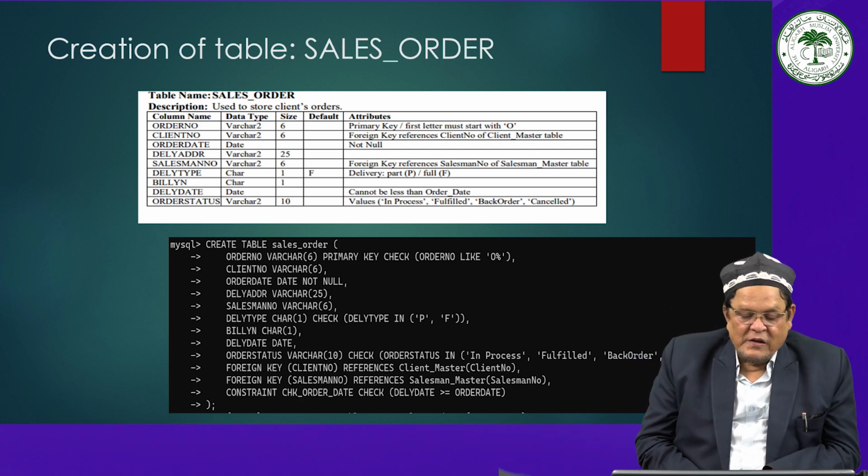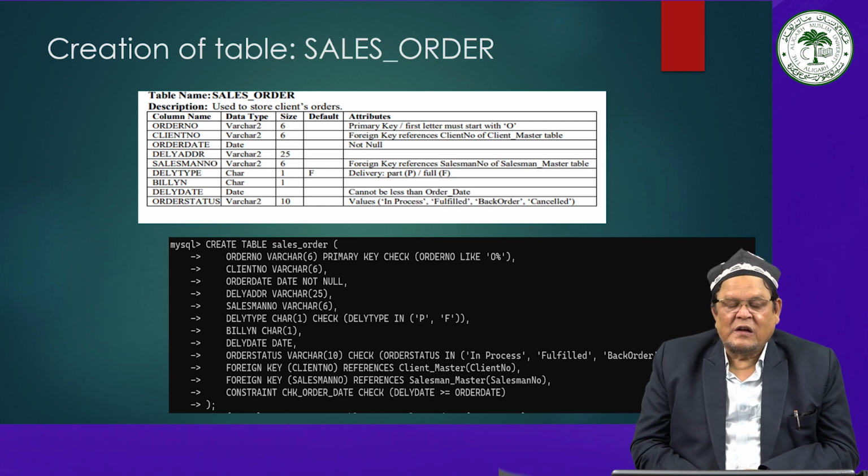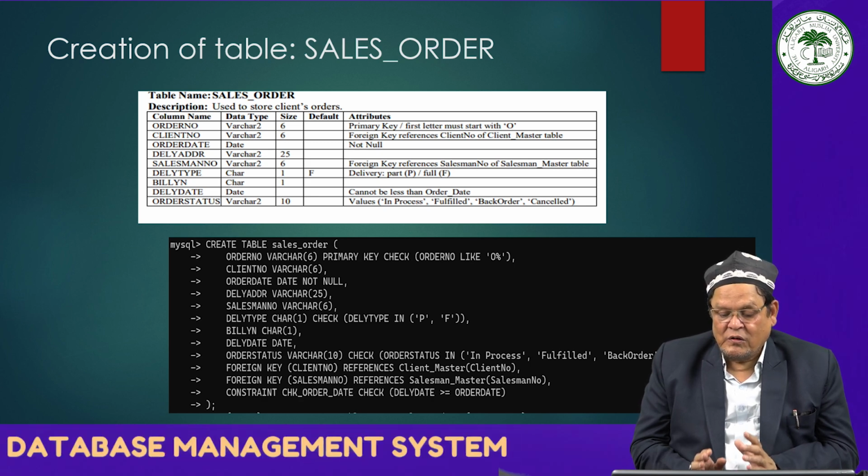It will display whether the order status is in process, fulfilled, back order, or cancelled. Within the parentheses you have to put all these strings within quotes. Then foreign key, client number, reference client master, client number.